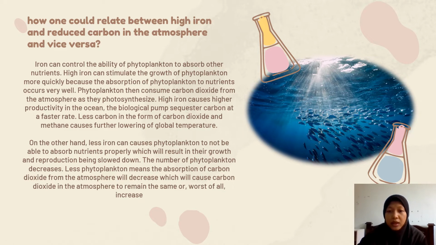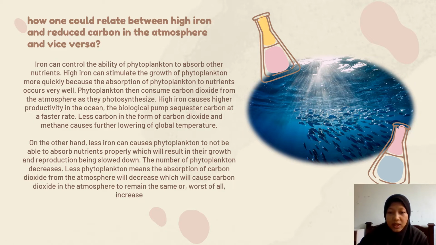Okay, the presence of iron actually can influence ocean productivity. Iron can control the ability of phytoplankton to absorb other nutrients. So, with the presence of iron, it can stimulate the growth and reproduction of phytoplankton more quickly because the absorption of nutrients by phytoplankton occurs very well.